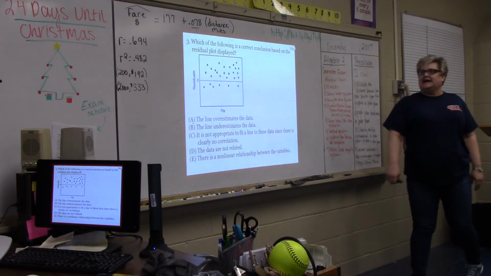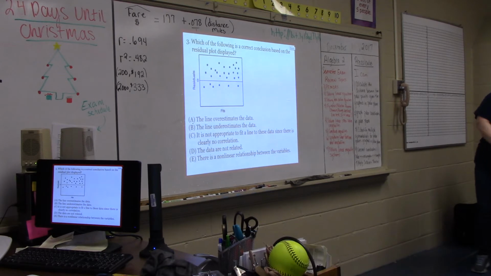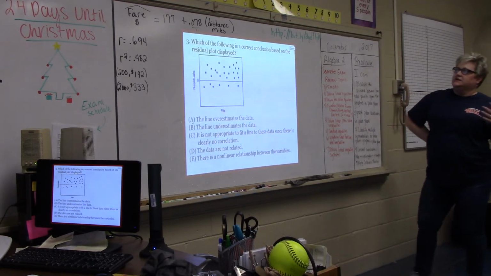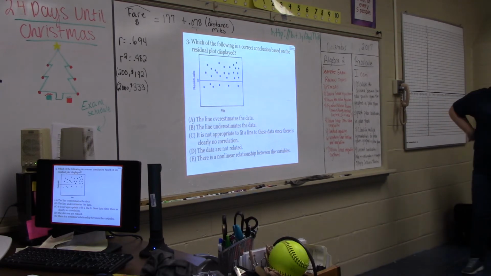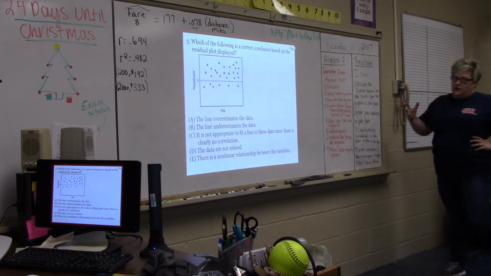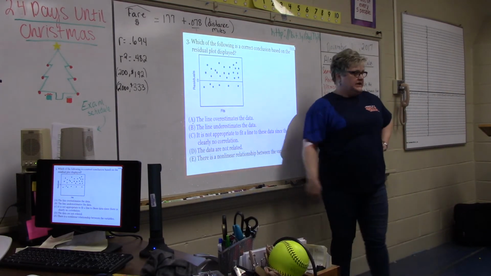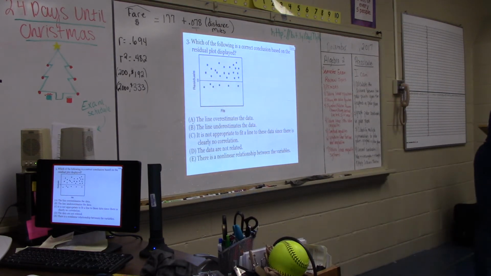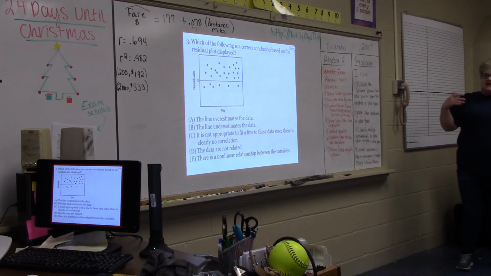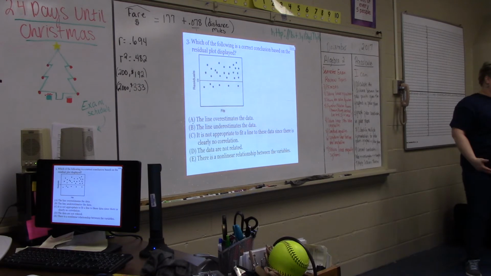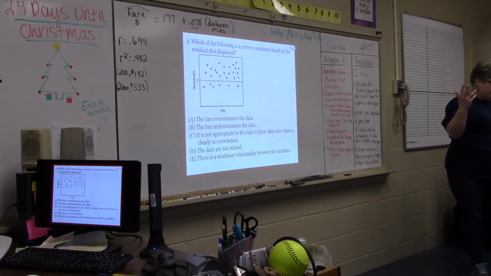Alright, this one's asking, here is a residual plot, what we were talking about a while ago. Which of the following is a correct conclusion based on the residual plot displayed? Now, you know residual plots have 0 in the middle, positives on top, negatives on bottom. Again, you're asking yourself if it's truly linear, you should have good scatter here, as many on top as you do on bottom, which we don't have here.